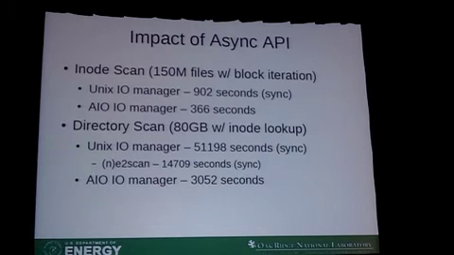You look at this, and I put the NE2 scan number in here to keep me honest. When I'm doing this 80 gig lookup with inodes, the Unix IO Manager, with the same code, almost 51,000 seconds. Well, that looks great compared to 3,000 seconds or 50 minutes. But NE2 scan does it in 14,700 seconds.